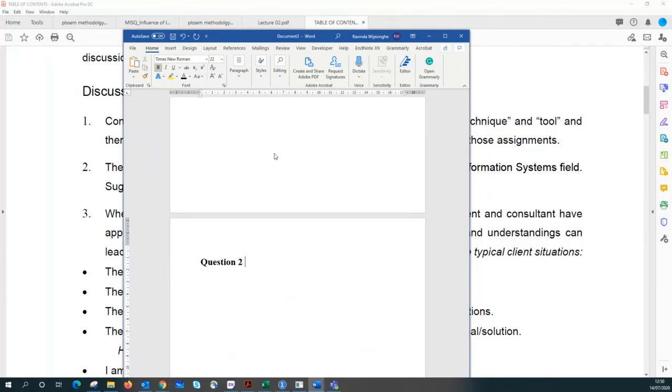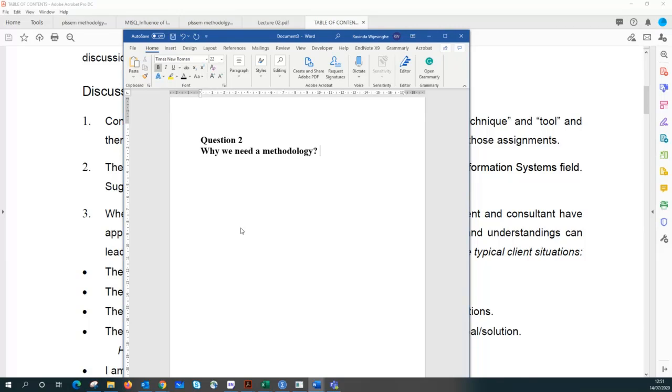Right. So first we can mention why we need some sort of methodological approach. Why do we need a methodology? By the way, that's the first thing we need to clarify. Why do we need a system development methodology?